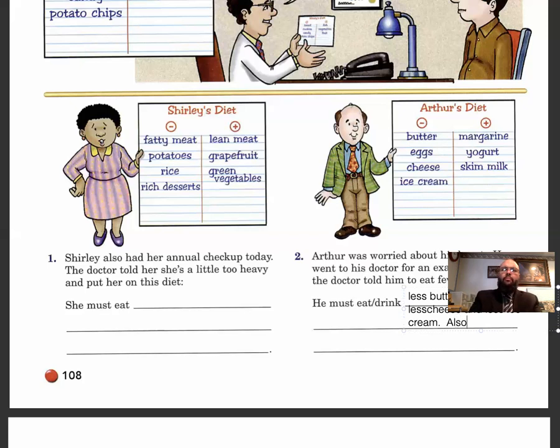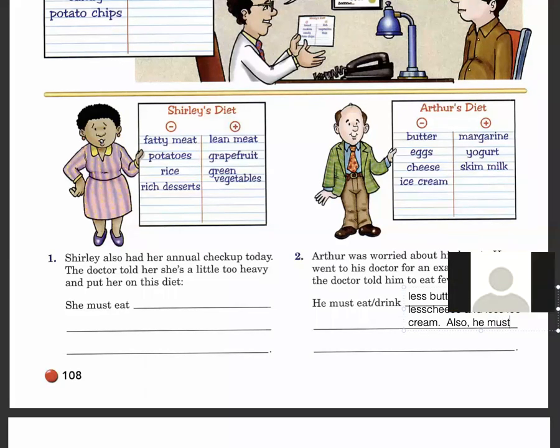Also, he must eat more margarine, more yogurt, and drink more skim milk.